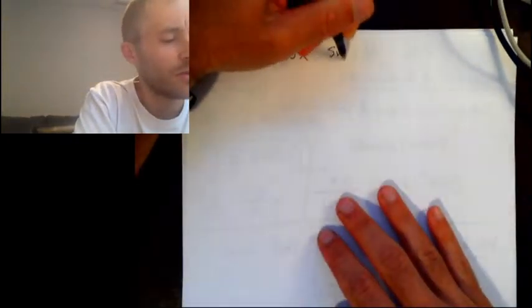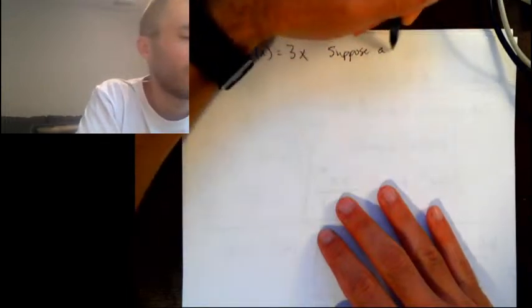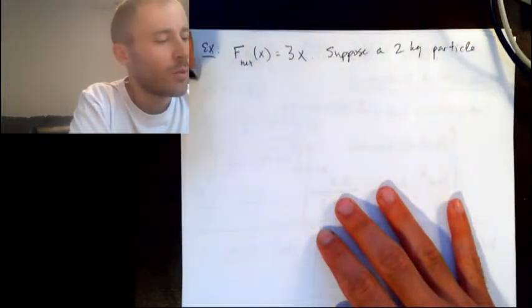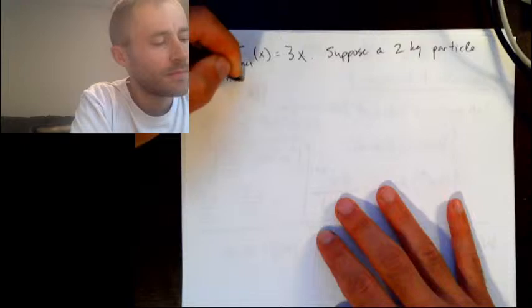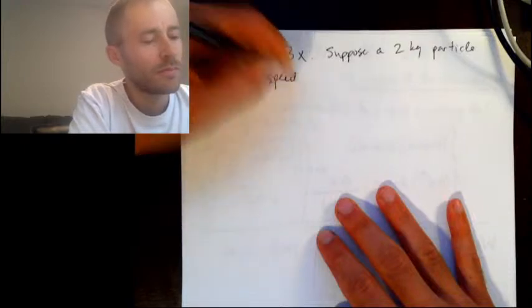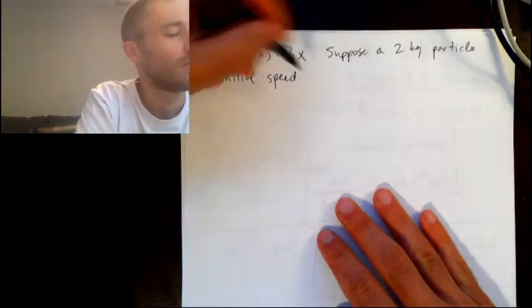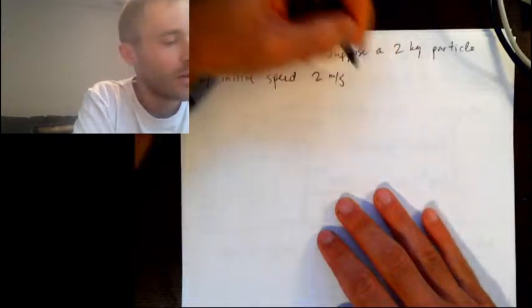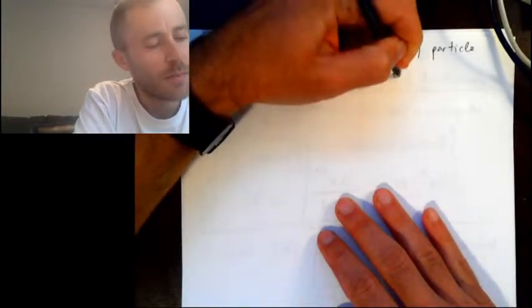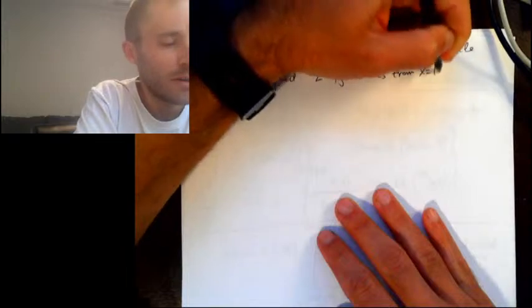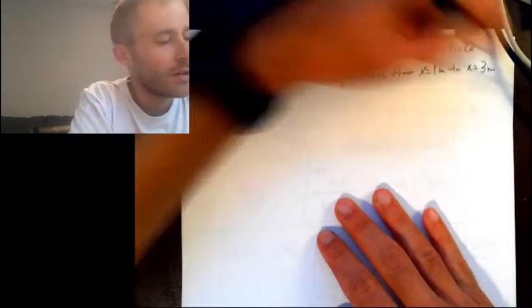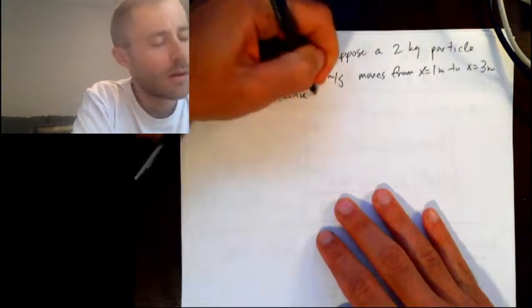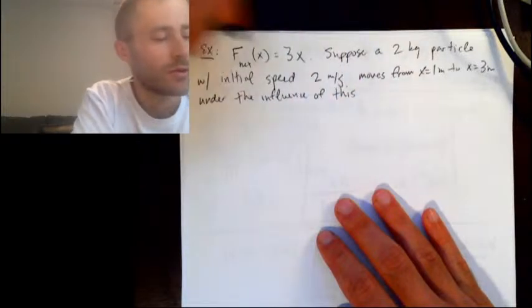And so let's suppose a 2 kilogram particle with initial speed, why not 2 meters per second, moves from x equals 1 meter to x equals 3 meters under the influence of this force.